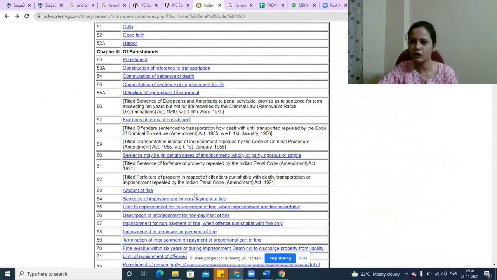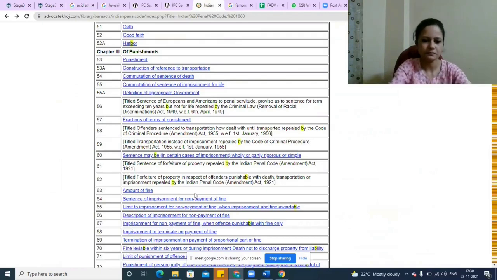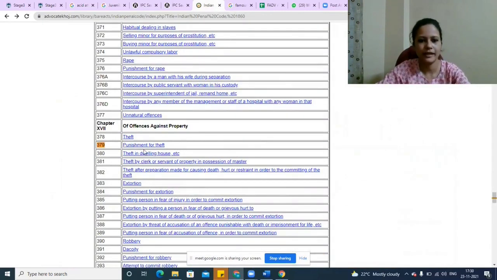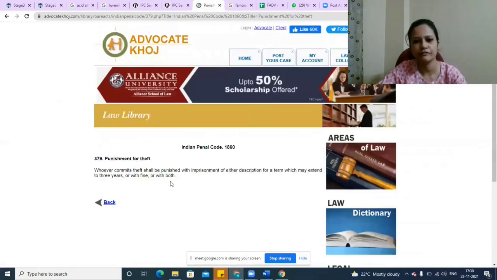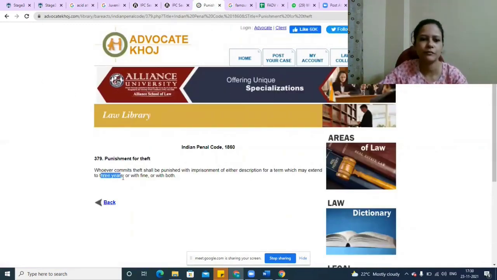And for every single offense, IPC has mentioned punishment as well. Take for example theft: punishment is also given, that it may be up to 3 years of imprisonment or fine, or some imprisonment plus fine.